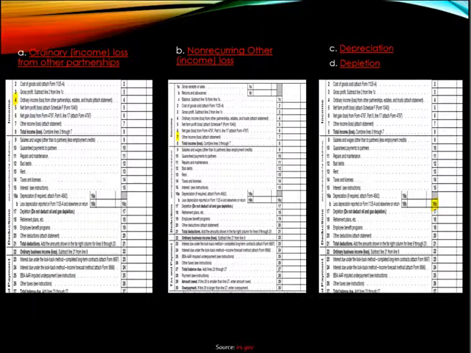This is where you capture your amounts and pull them over to the cash flow analysis. So A would be found on line 4. And you can see the instructions for the ordinary income loss from other partnerships at the bottom of the 1084 cash flow analysis form. B is from line 7, which is non-recurring other income loss.